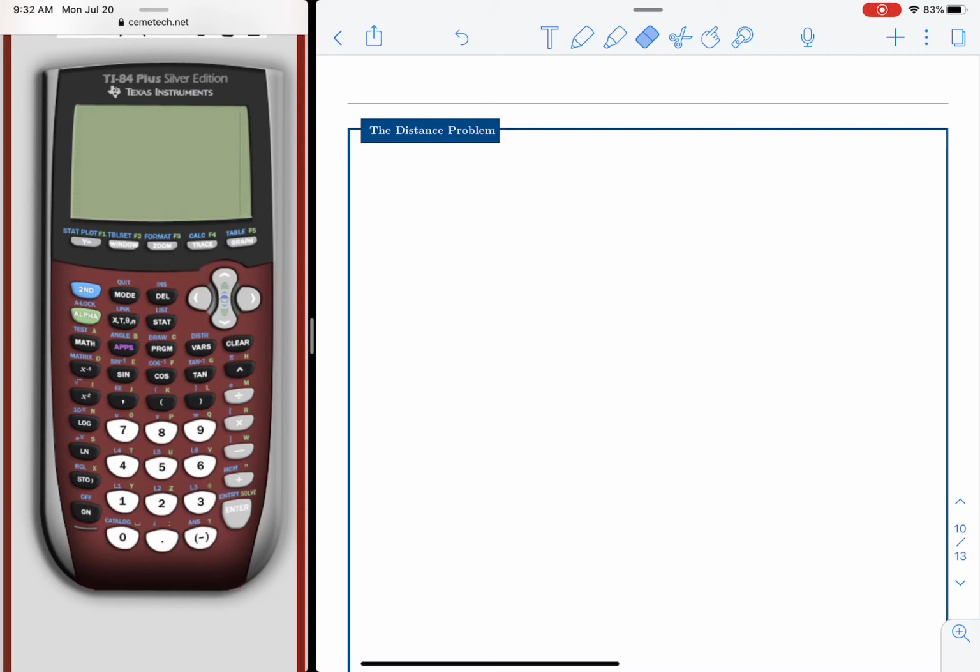So the distance problem is no different from the area problem. We're just going to interpret it in a different way. Recall, if you recall, distance or velocity is simply distance over time.